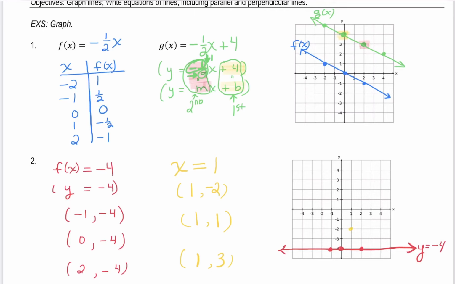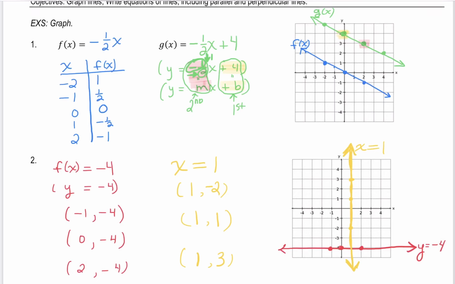So I could plot some points that way, and pretty quickly, hopefully we see, oh yeah, when it's x equals a number, when there is no y variable, that is when we end up with what was supposed to look like, and I got a little crooked there, what's supposed to be a vertical line. So we end up with this vertical line, x equals 1 here.